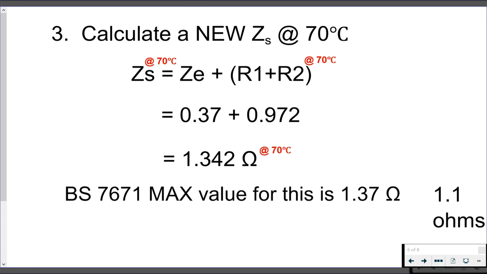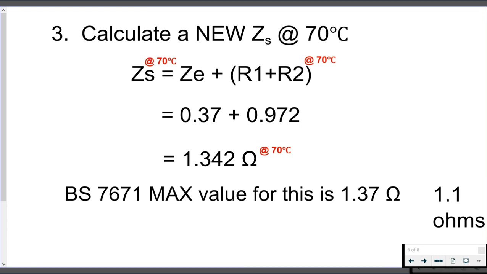So how do we do that? Well, if you look in your on-site guide, guidance note 3, appendix B, underneath the second table, there's information about the positive temperature coefficient that copper has.